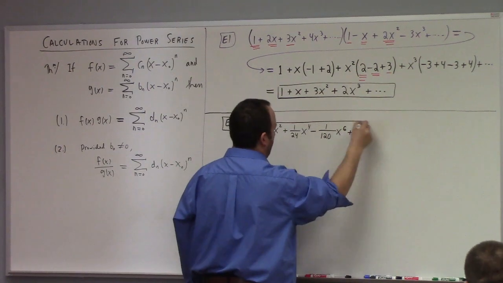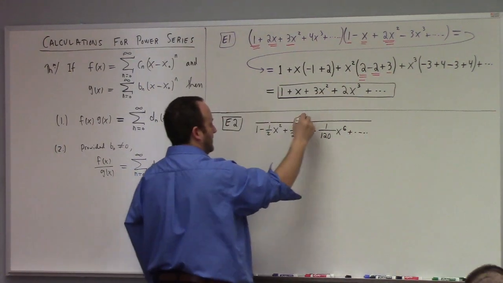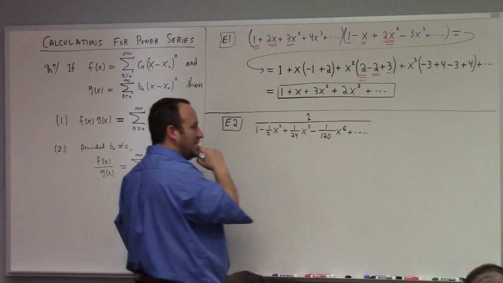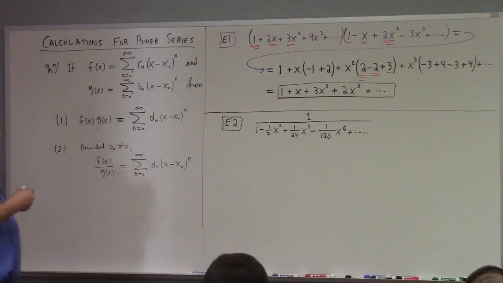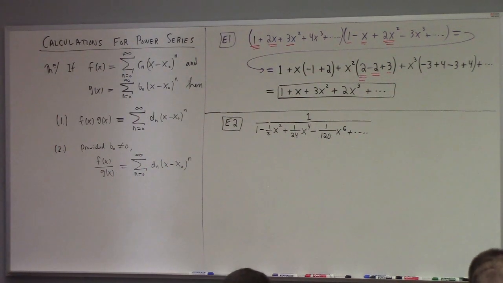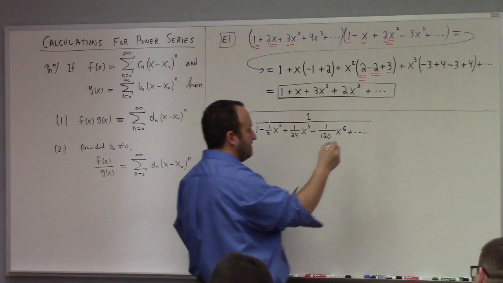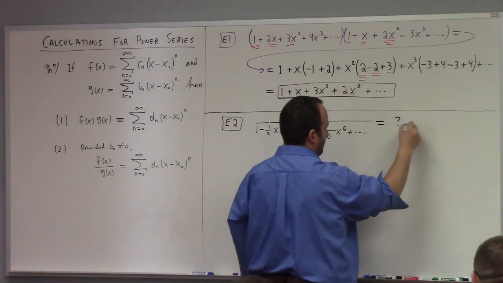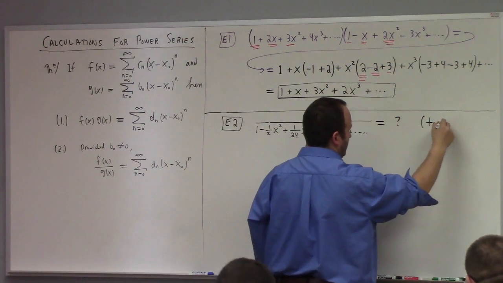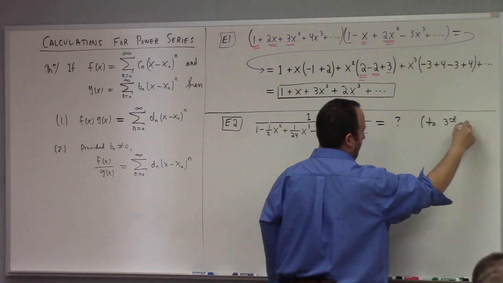Suppose I want to find the reciprocal of that series. Like, what's 1 over that series? First of all, the theorem gives me hope because my b sub 0 is what? Let's go to third order.